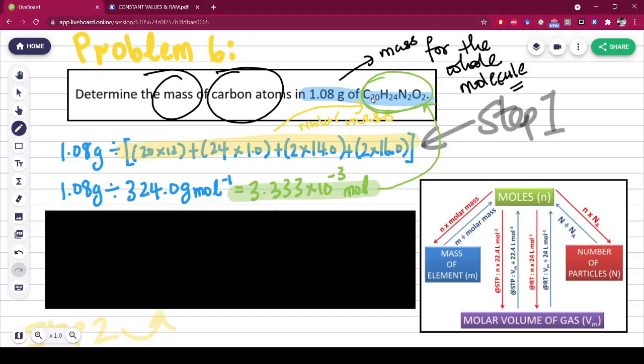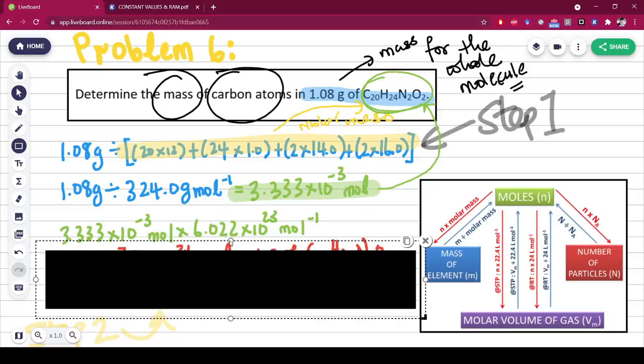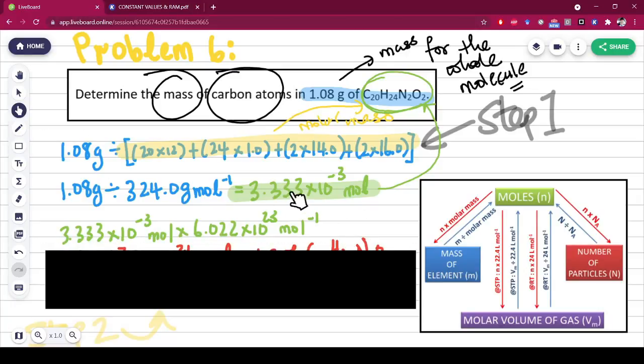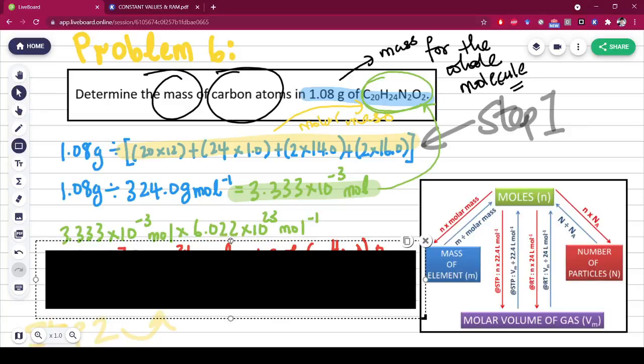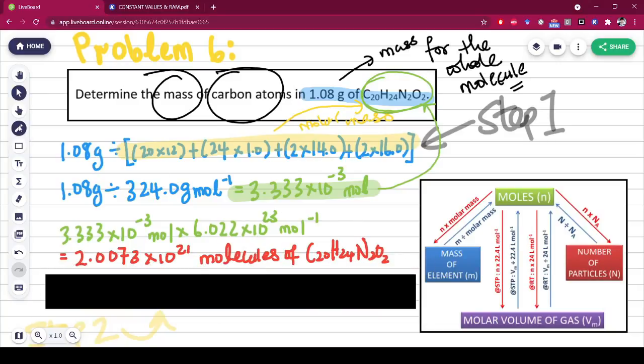And we're going to find out how many molecules of C20H24N2O2. How do we do that? In step number 2, we'll take the same number and times it with Avogadro's constant, like what we are doing over here, from mole to the number of particles, and we'll be able to get the number of molecules of C20H24N2O2.